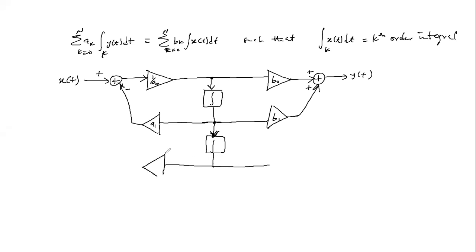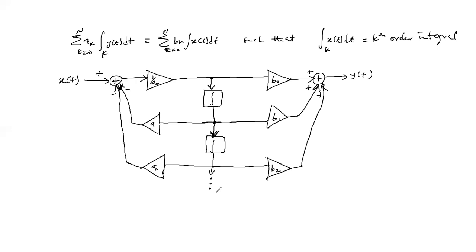Then we have this here again. And then this is added too. Then this comes here. It comes into this order. This is minus. So this is a sub 1. So this is a sub 2. Then this is b sub 2. So this goes into another integrator. So it goes on, right?